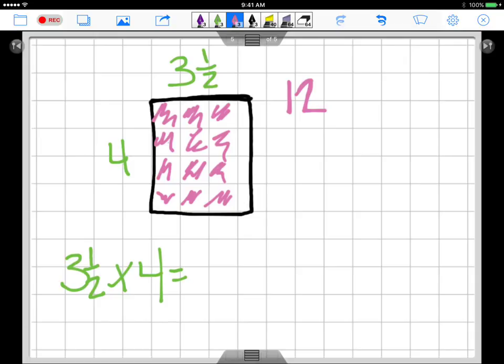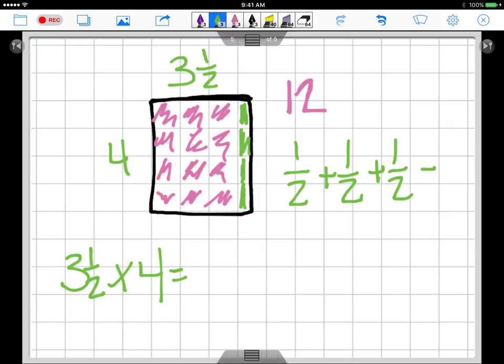We need 12 whole tiles, but now we need to figure out how many half tiles. So we're going to count, that's 1/2, 2, 3, 4. So when we're doing this with halves, it's pretty easy because we all are used to a half of a cookie or half of a pizza, and we know that 2 halves equals 1 whole.